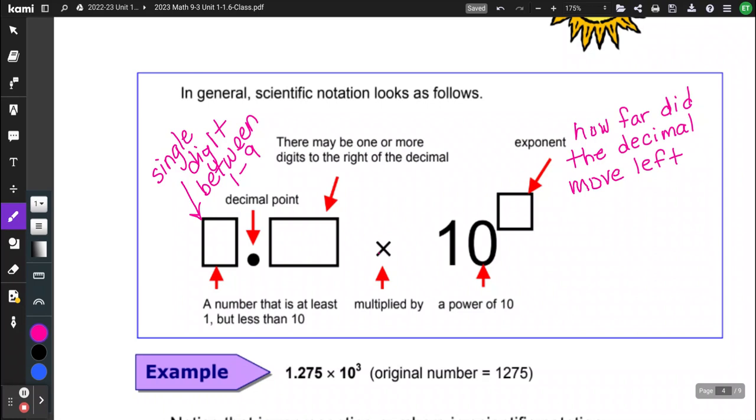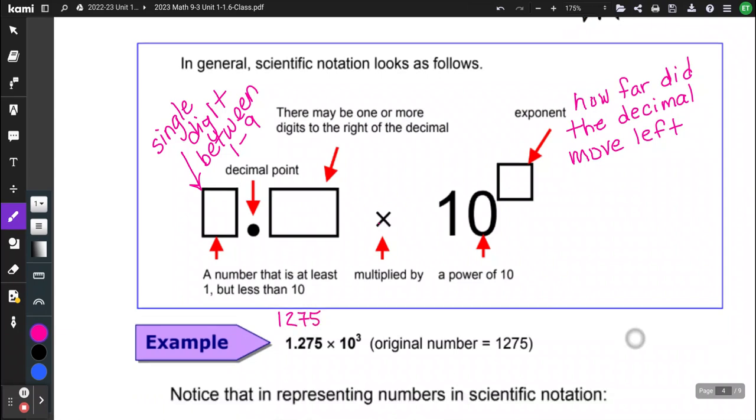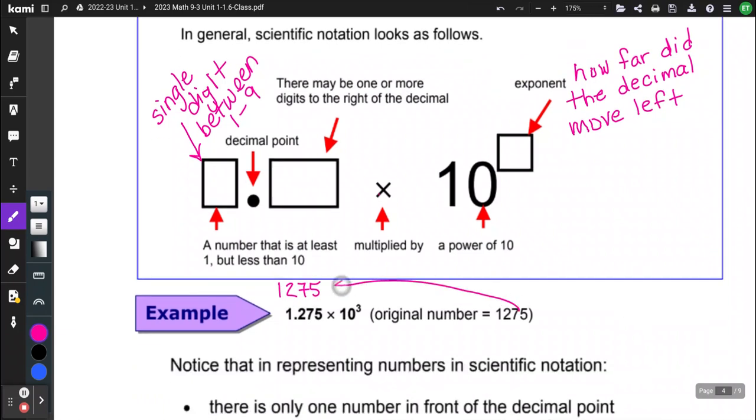So now we're going to look at the next number. They wrote the number 1275. Here's my original number, 1275. Okay, that's what it's telling us is our original number. Now, with any number, we always want to put our hiding decimal point. So my hiding decimal point is always on the right. And I know I've got to make it go in between which two numbers? Which two numbers does the decimal have to sit between?